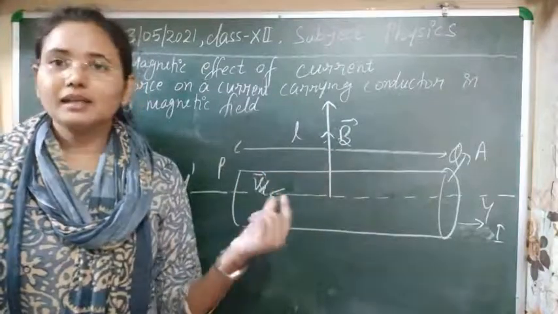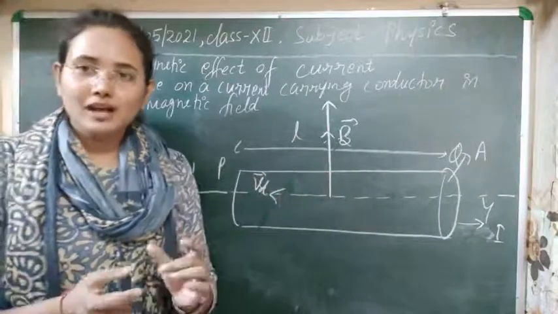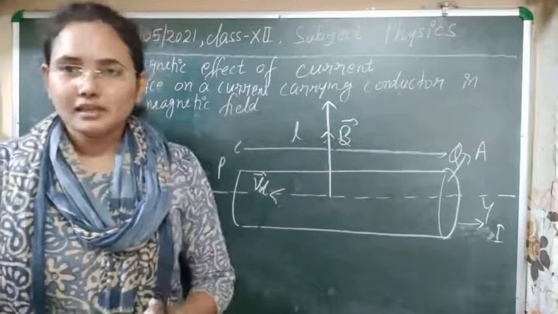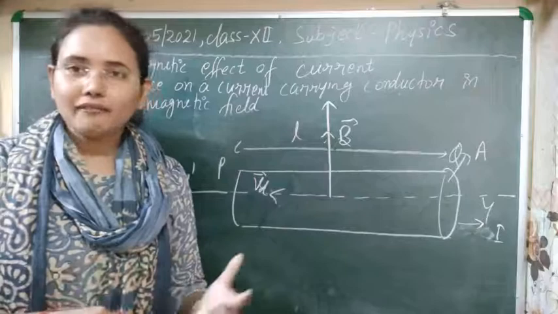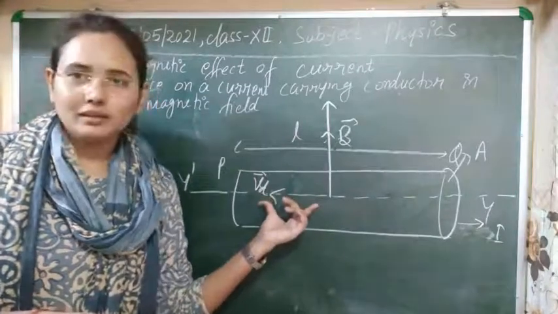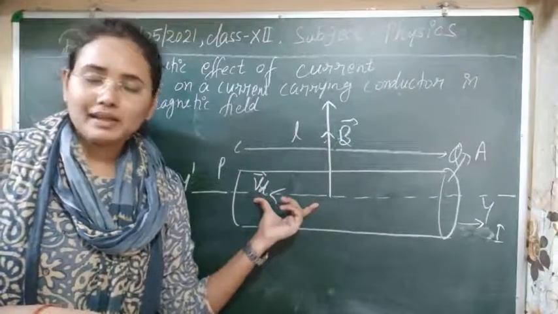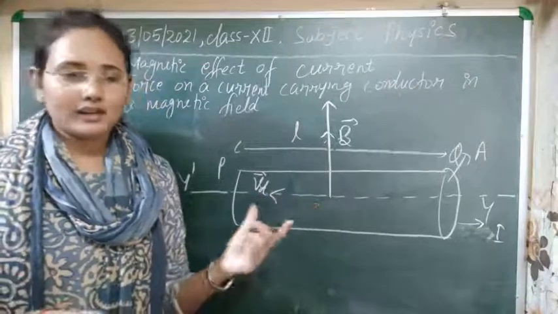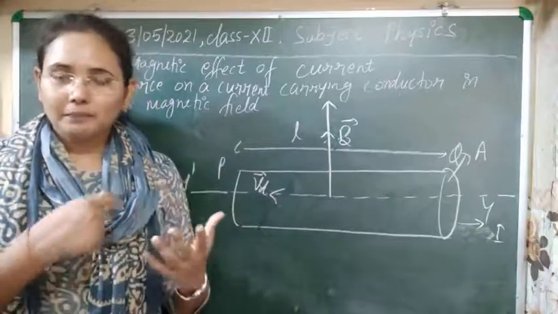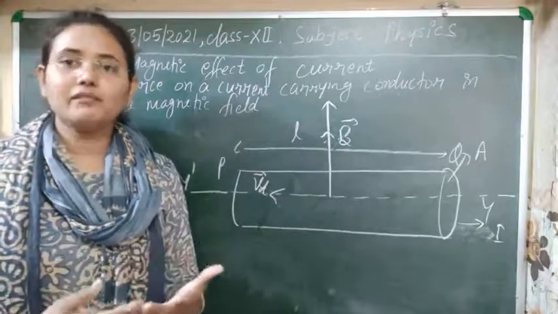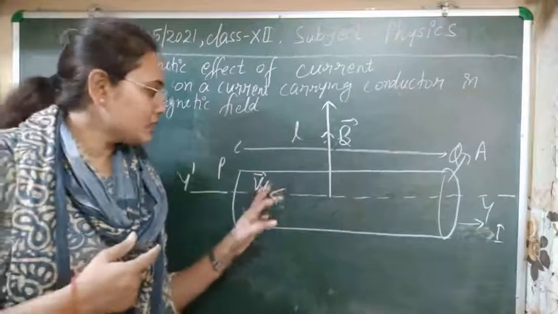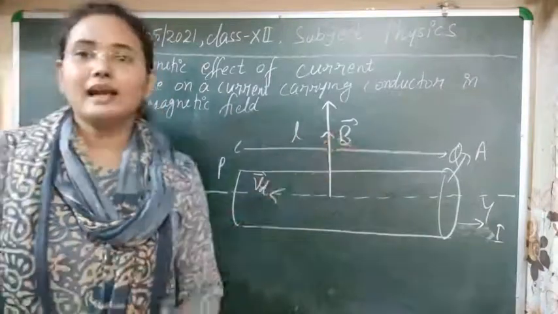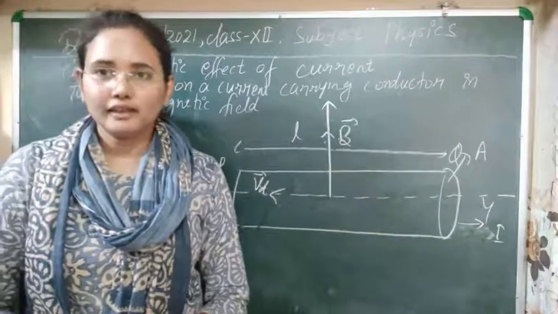In a single word, you can say that a charge carrier, or a number of charge carriers, are entering the magnetic field at a perpendicular angle, when this Vd and B are making an angle equal to 90 degrees.